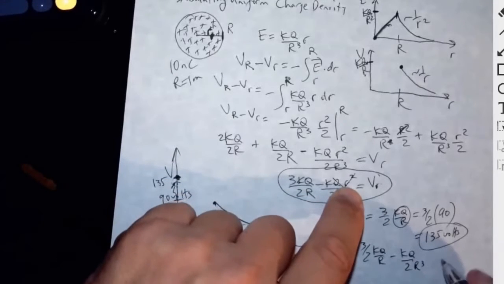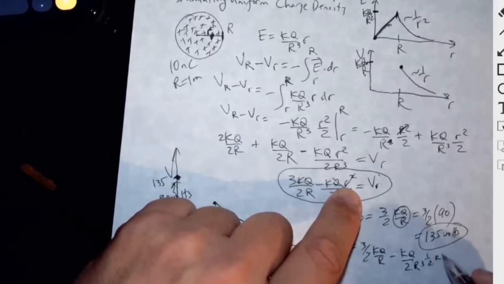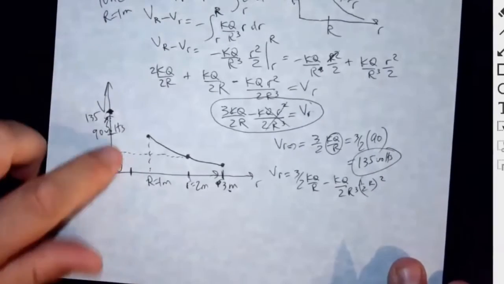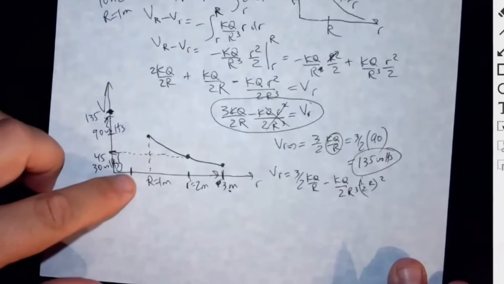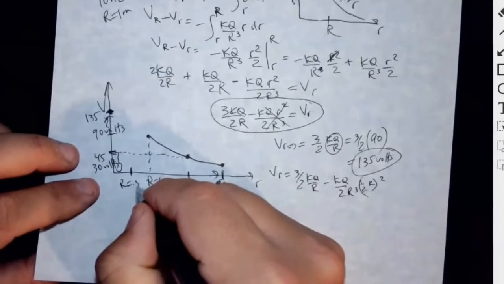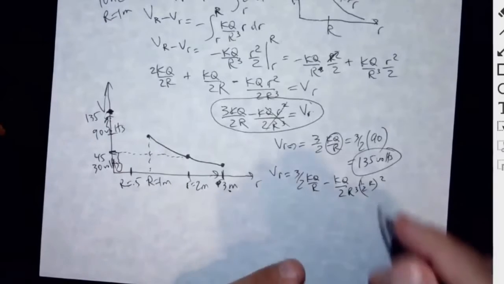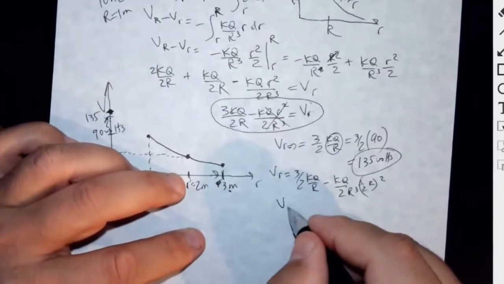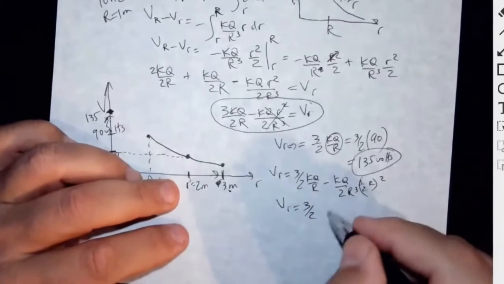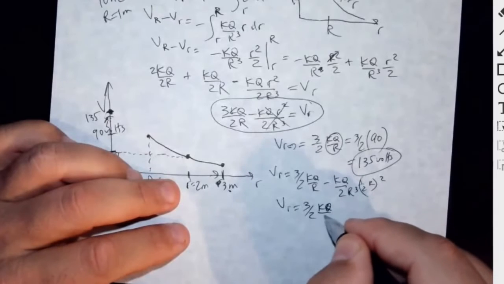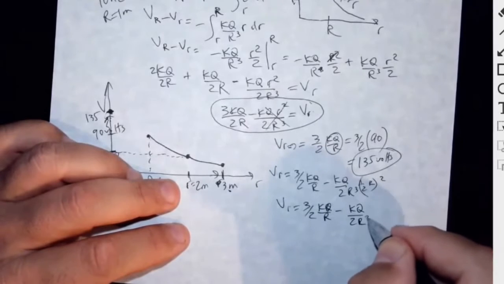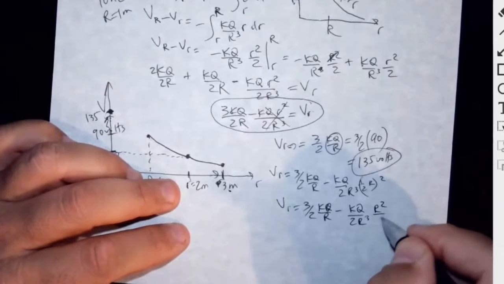Let's say the little r is half of the big R. So basically at r equal to 0.5 meters, you replace the little r with half R. And you're going to get 3/2 kq over R minus kq over 2R cubed times R squared over 4.